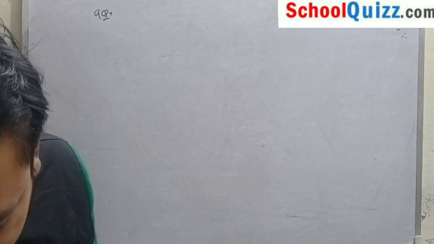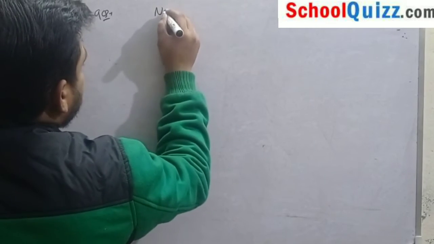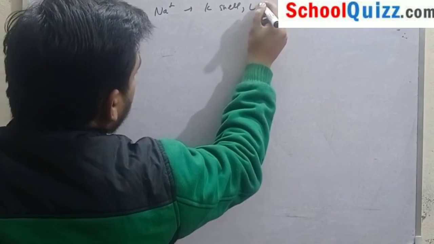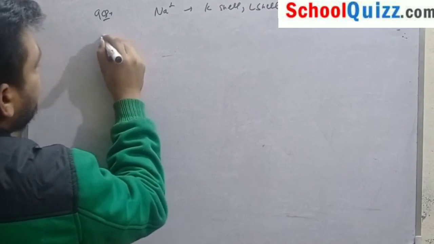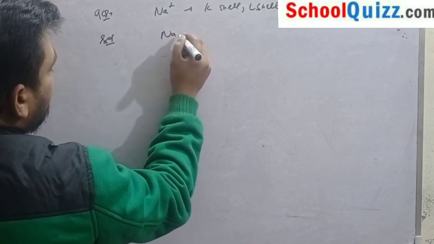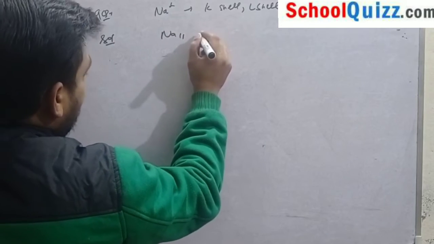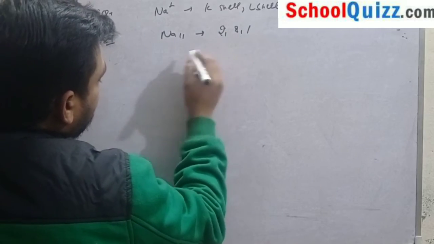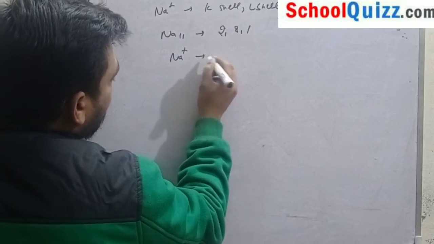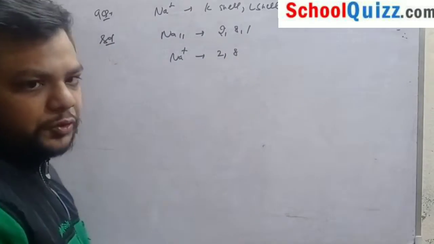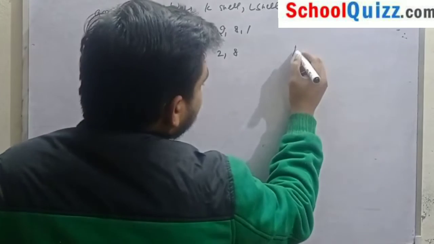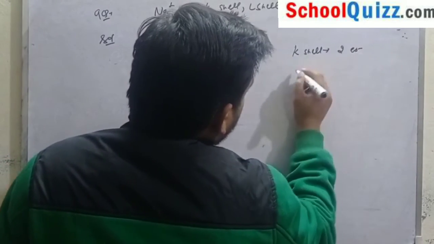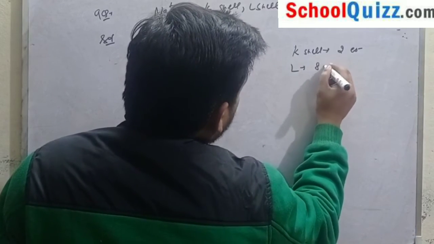Ninth question is: sodium plus has completely filled K and L shells. Explain. As we know, atomic number of sodium is 11, that is 2,8,1. So sodium plus will have only 2,8: in K shell there are 2 electrons and in L shell there are 8 electrons.